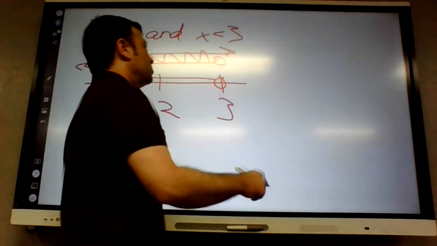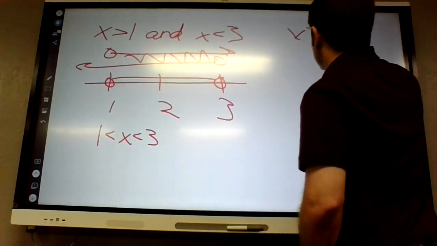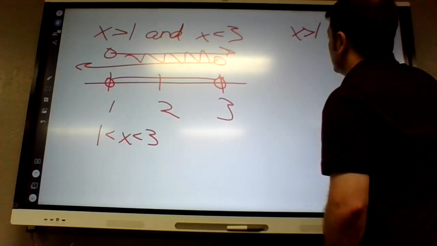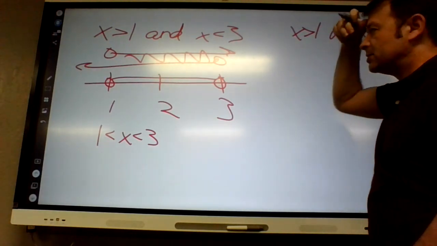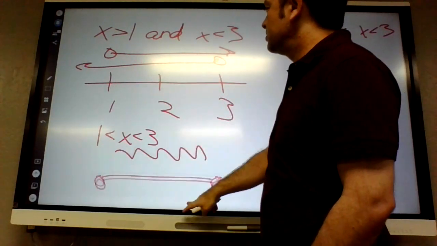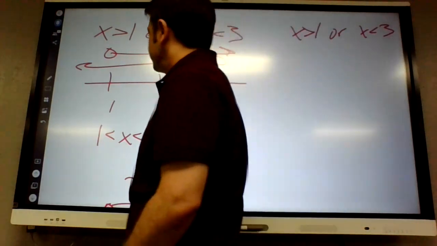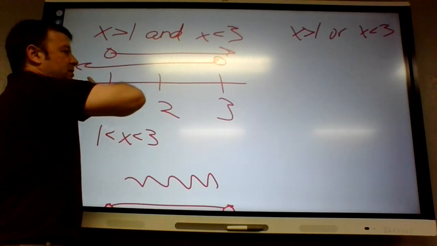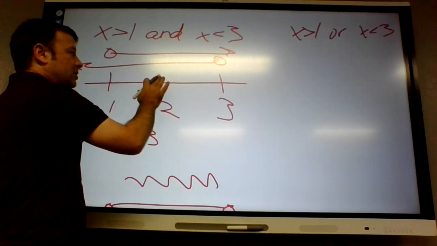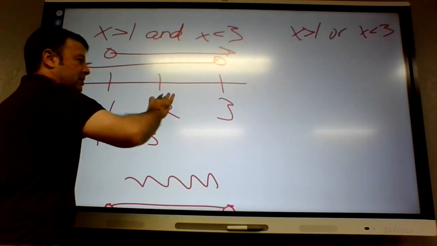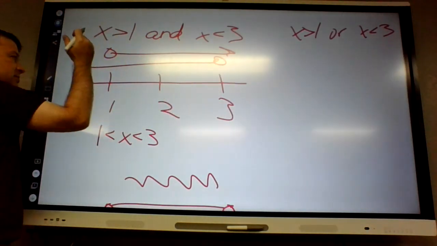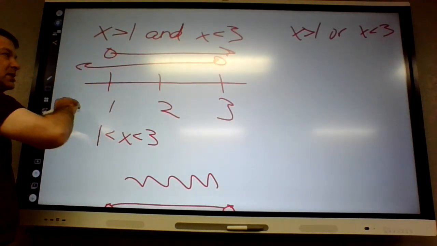Okay, but what if we change that to an "or"? Whoopsie. X is greater than 1 or x is less than 3. So now what are we going to use? Well, is 2 greater than 1 or less than 3? Yeah. Is 4 greater than 1 or less than 3? Yes. Is 0 greater than 1 or less than 3?